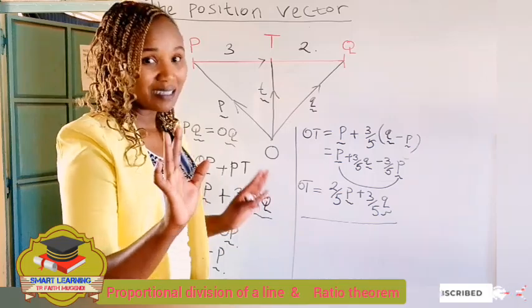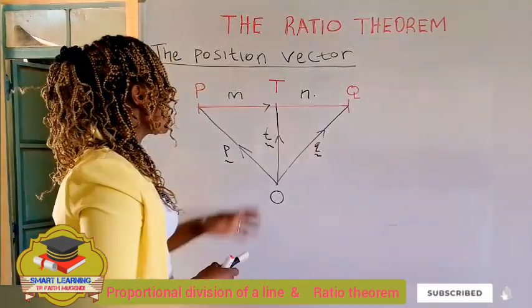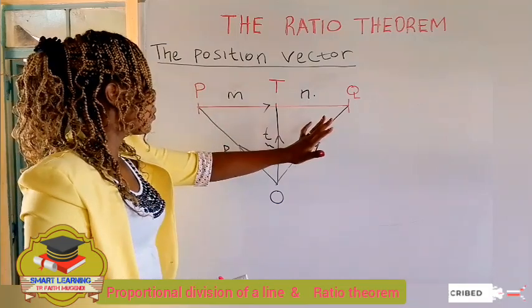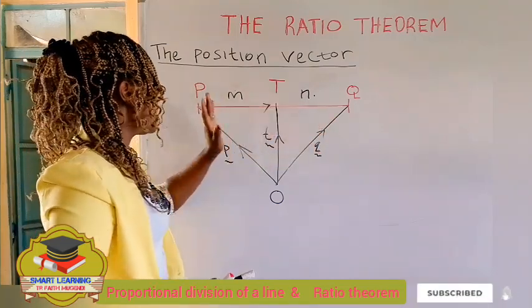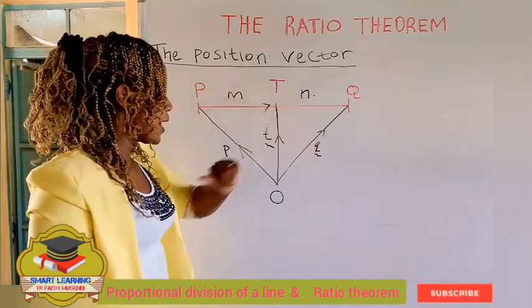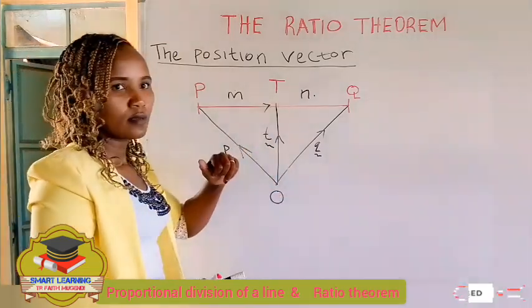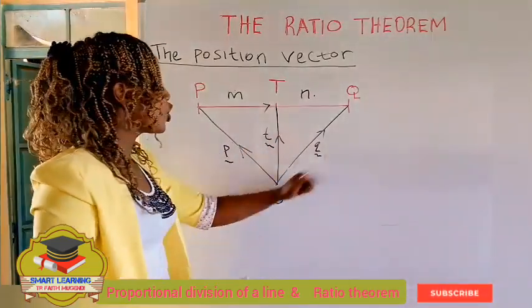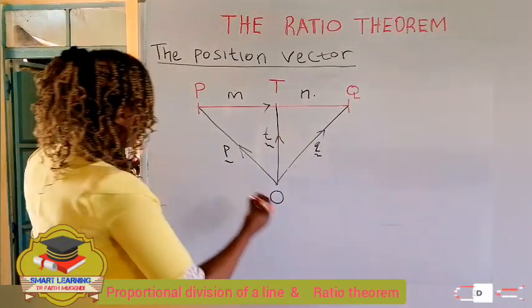You better relax and wait. Let's consider a general case where we have line PQ with point T dividing line PQ in the ratio of m:n, and try to express OT in terms of vectors P and Q. Now, from the example we had, this will be very easy.